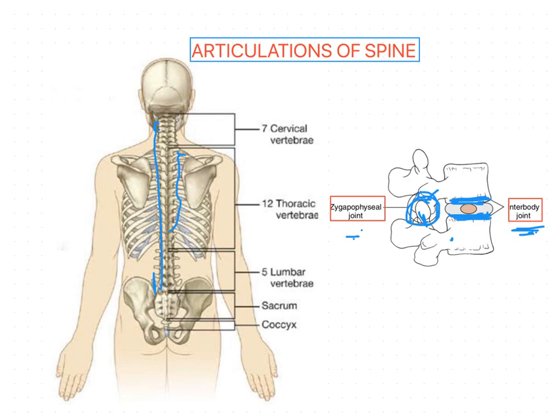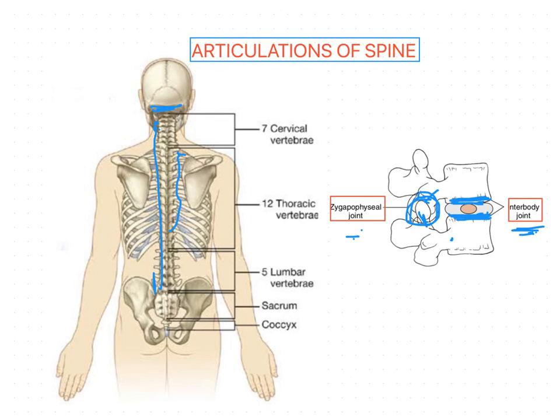The other articulation of the spine is with the skull. The first cervical vertebra articulates with the occipital condyles of the skull. This is also a synovial type.